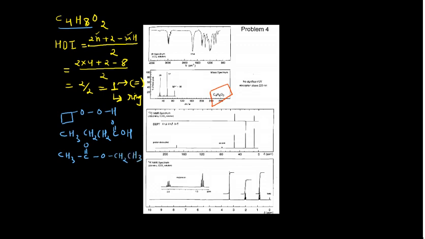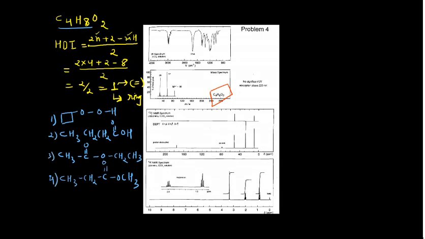Another possibility you may have is CH3, CH2, C double bond O, O, CH3. You have these 4 possibilities, and you have to select the correct answer from these 4.